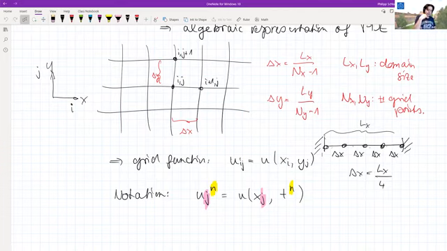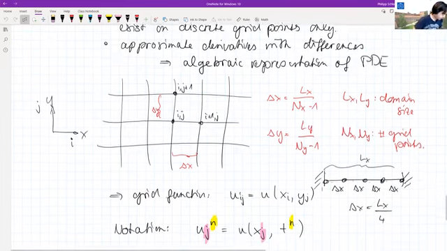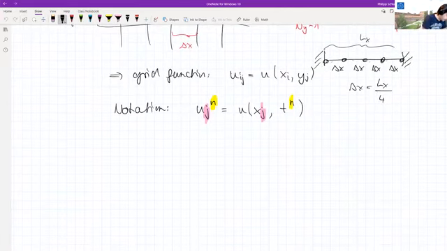So meaning that we have gone from a continuous representation into a discrete representation where the solution only lives at these individual grid points at i and j. And now the next step would be to define derivative operators that can actually calculate derivatives on these discrete points. And that would now be the next chapter.